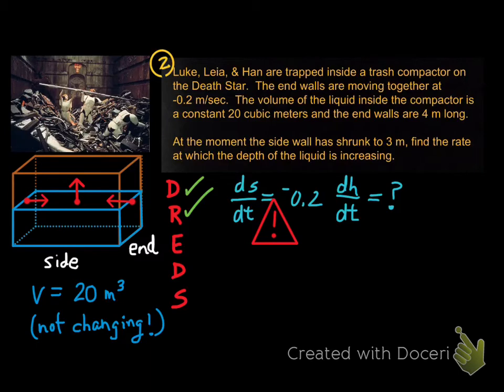We've got to come up with an equation. Well, this is a simple equation. That's a box, and we know we've got to talk about the volume of the box. The volume of a box is just length times width times height. We've labeled in the picture the height of the water, the depth of the water. And remember, the end wall is 4 meters, and that distance is not changing.